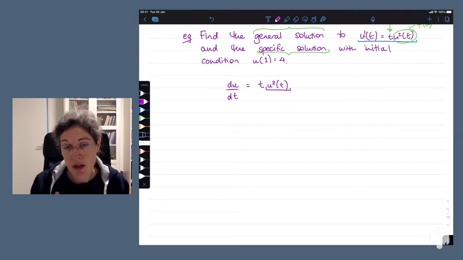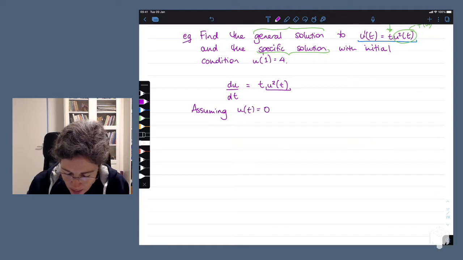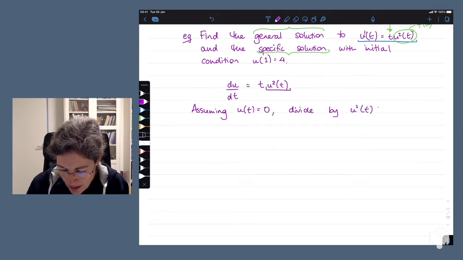So the thing you need to be careful of here is you are excluding solutions of the form u is equal to 0. So at the end, we're going to have to look and see if u is equal to 0 is potentially a solution, because when we find the general solution, we want to find all the possible solutions. Okay, so assuming u of t is not equal to 0, let's divide by u squared of t.